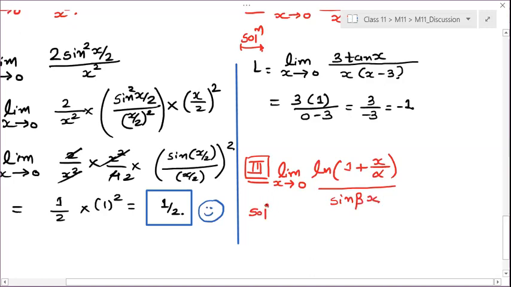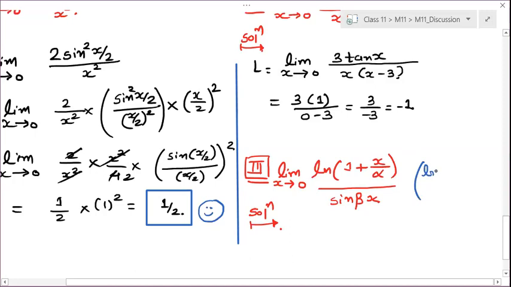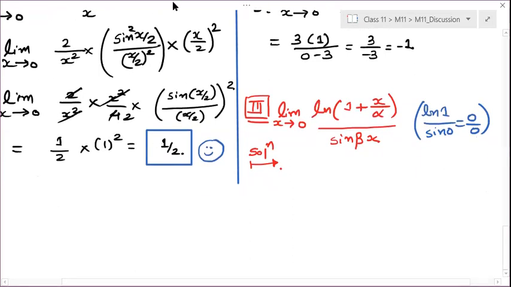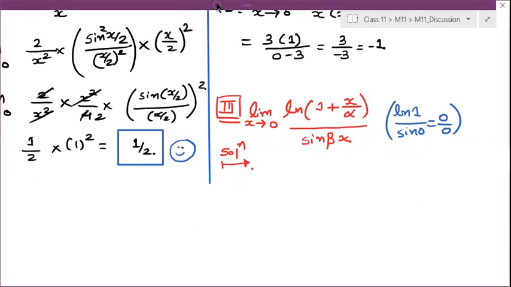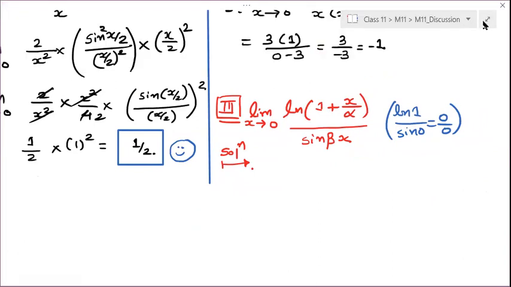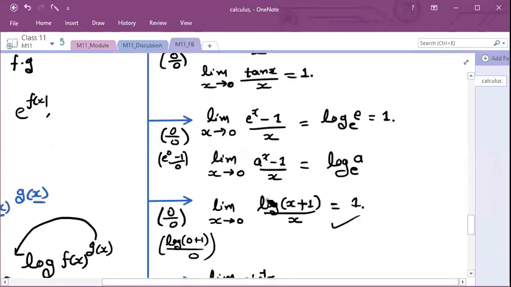So let us see this. Your first step is to release the limit. If I release the limit, I will get ln 1 plus 0, that is ln 1, divided by sine 0. ln 1 is 0, so it is a 0 by 0 form, which is an indeterminate form. So let us use all the formulas we have. For ln 1 plus x, what is the formula I have? Limit x tends to 0, ln 1 plus x by x is equal to 1. Here log is ln, it is log base e. This is your ln a.